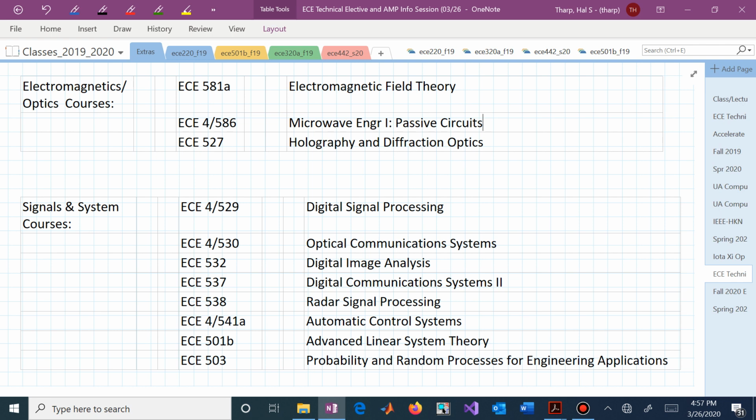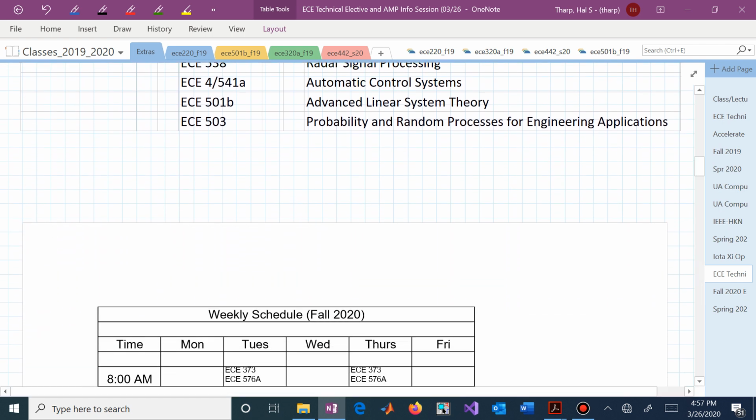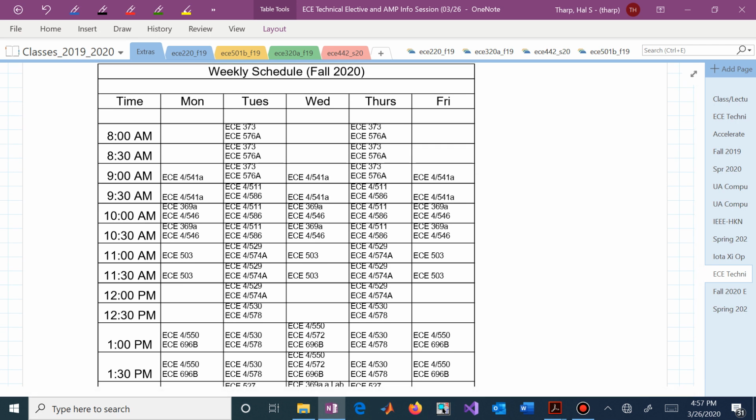And finally, probability and random processes. This obviously is a much more advanced course than what you have taken as ECE 310, but this now is a foundational class that you will see needed or useful in many subsequent graduate classes.